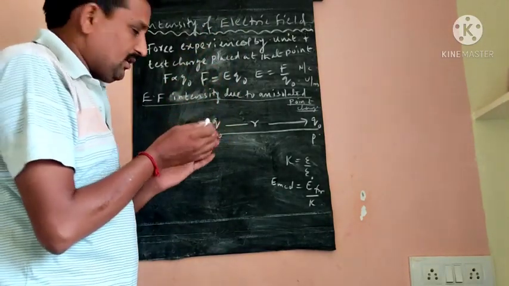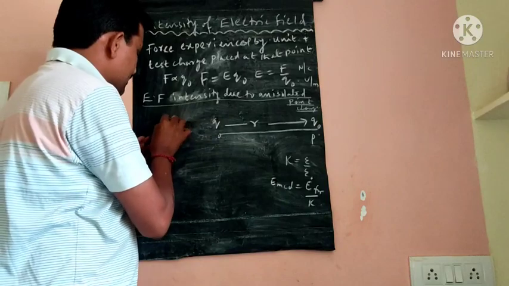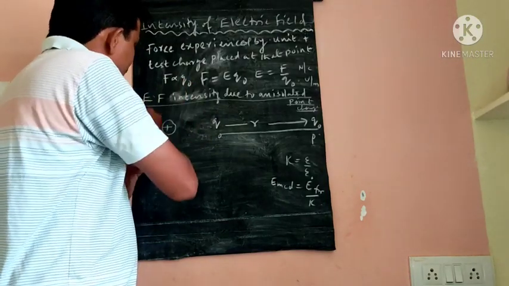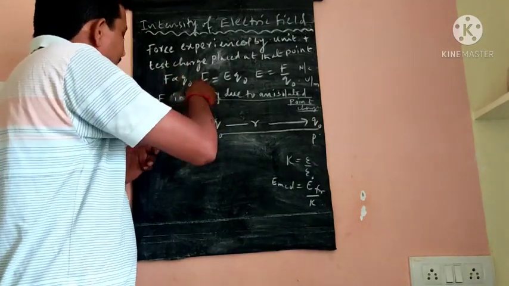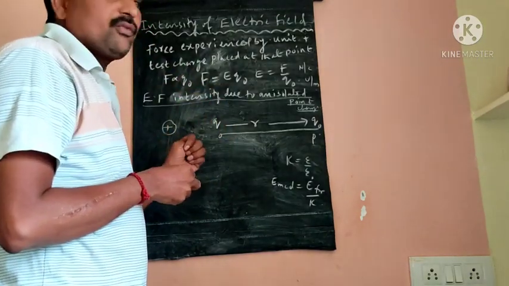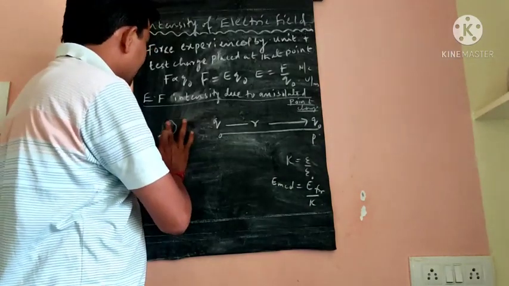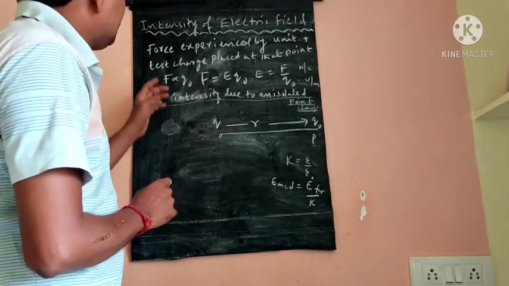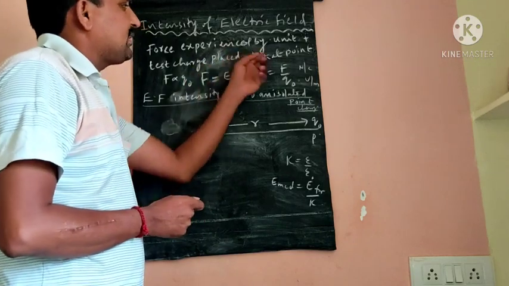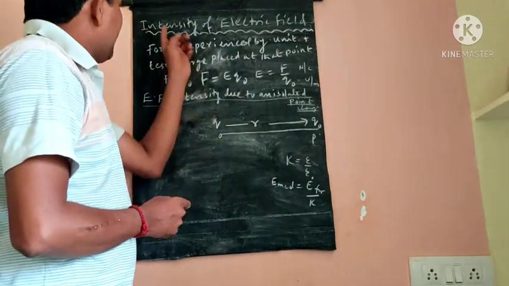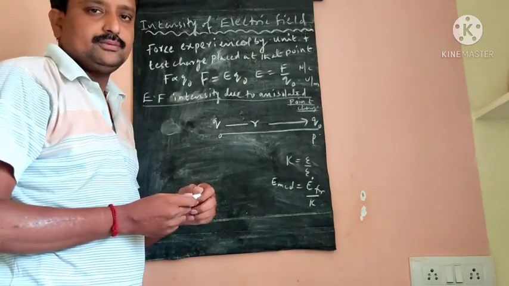Let us take one positive test charge. The positive test charge influences some area. The area is said to be electric field. In that electric field, the force experienced by unit positive charge placed at that point is known as intensity of electric field.